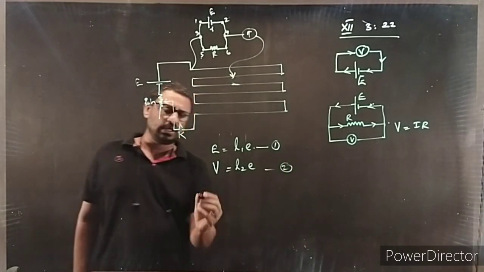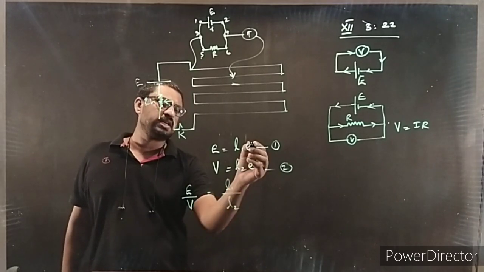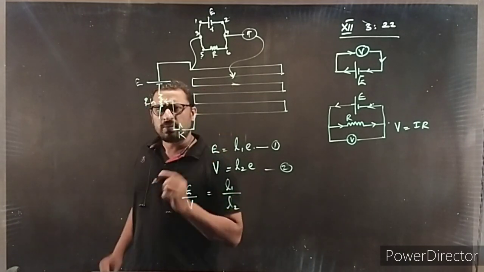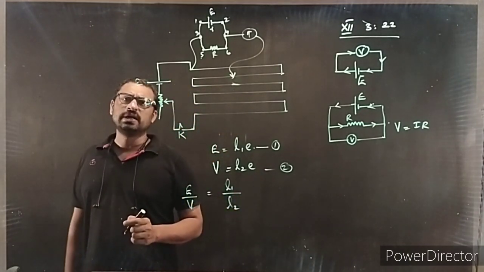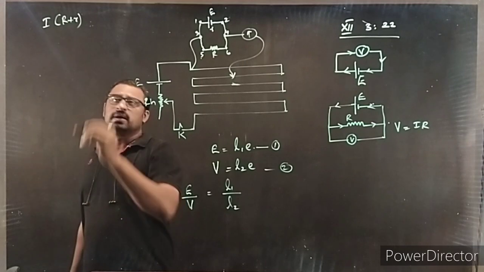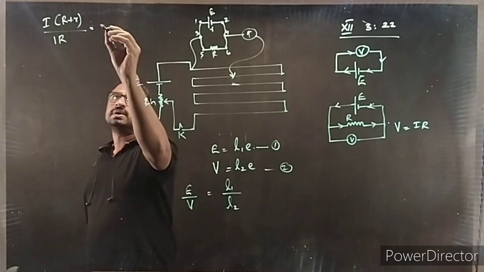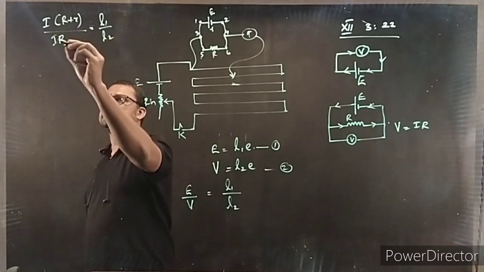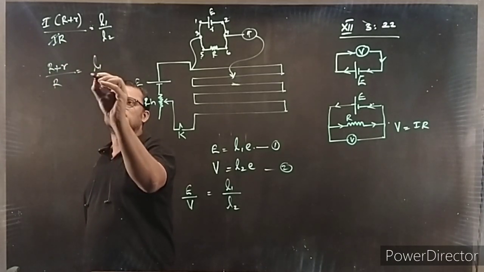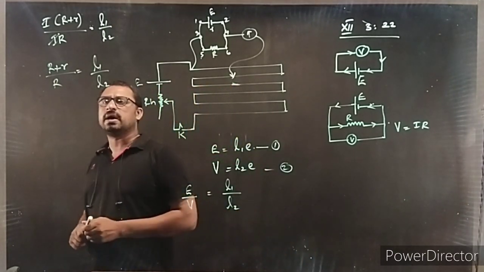Now if you take the ratio E by V, that will be equal to L1 by L2, because you are not changing the potential gradient. Do you remember the equation E was equal to I into (R plus r)? Divided by the potential difference, which is IR, equal to L1 by L2. So I cancels. So (R plus r) divided by R is equal to L1 by L2.